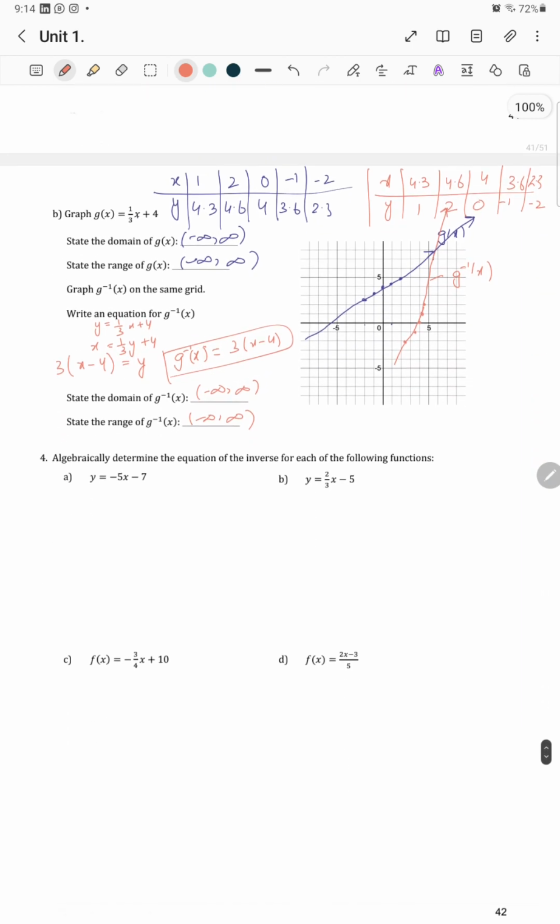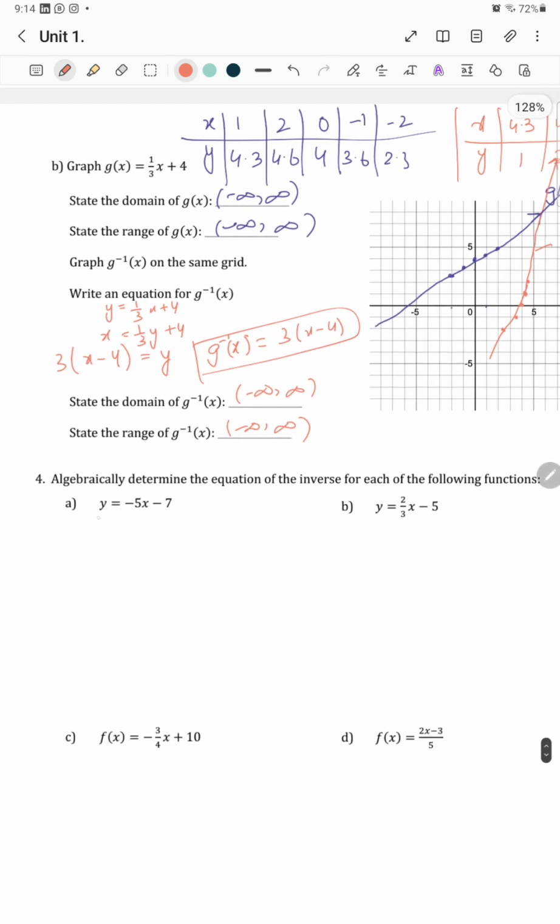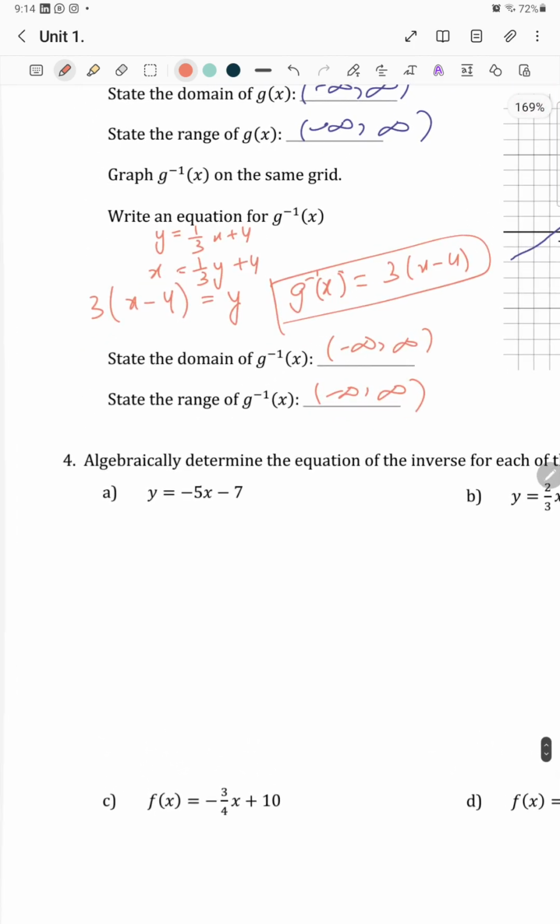Algebraically determine the equation of the inverse of each of the following. So we need to find the inverse. Okay, the first step is switch.